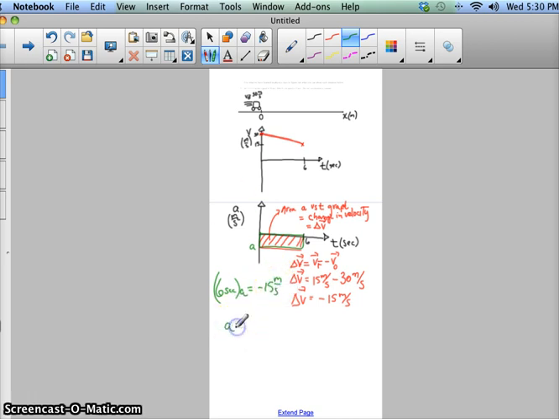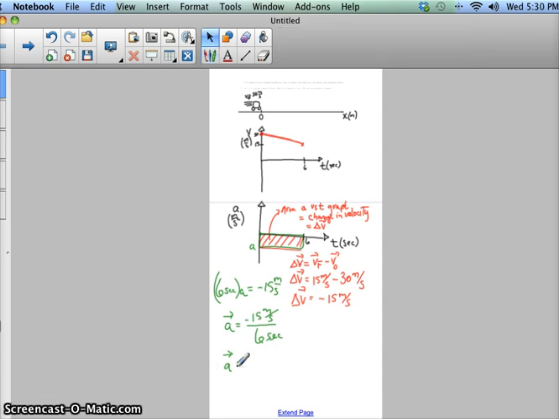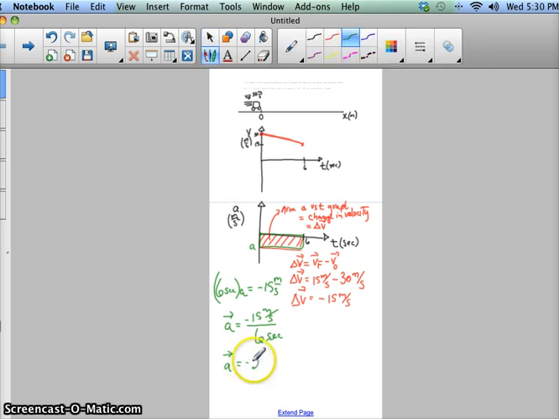So my acceleration has to be negative 15 meters per second divided by 6 seconds. Okay? So that means my acceleration is going to be, whatever 15 over 6 is, I think that is going to be 2.5. So that's going to be negative 2.5 meters per second in 1 second.